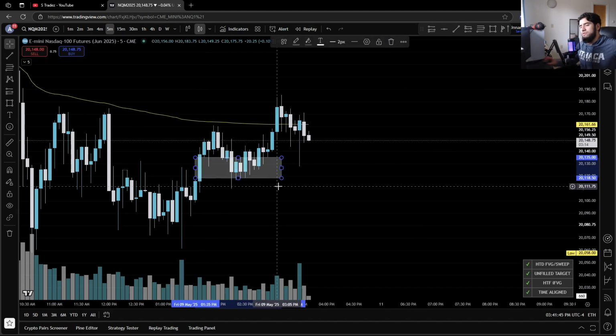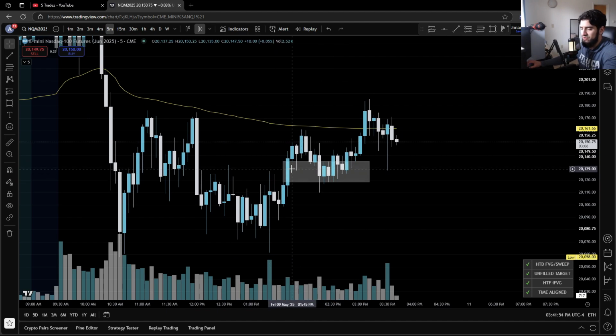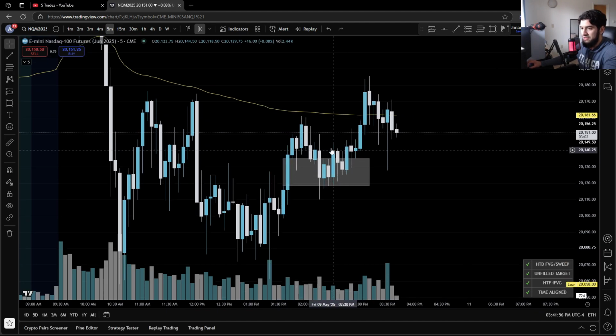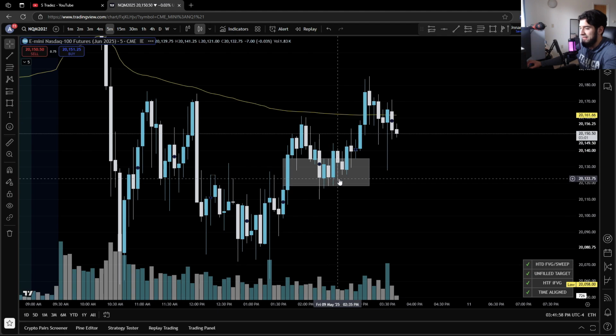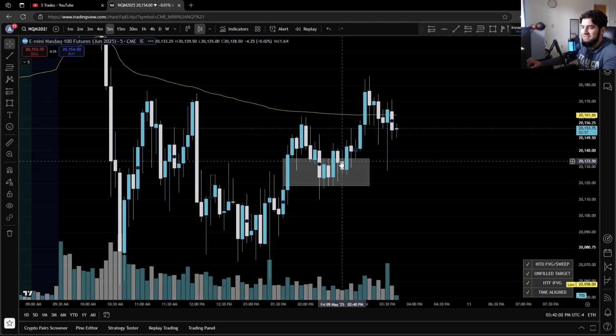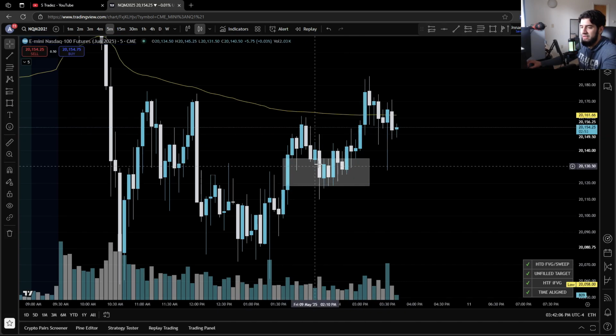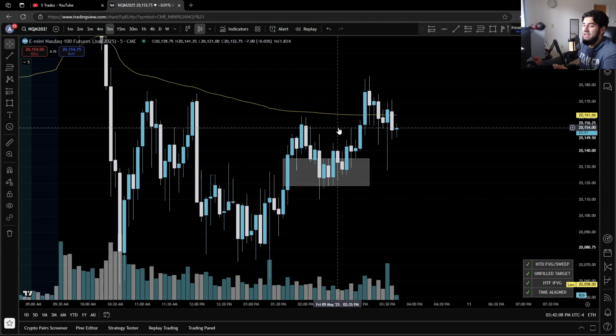Another characteristic of these inversions that I want to share with you guys is how long it actually takes to invert those fair value gaps. For example, if you see something like this, this is the 5-minute fair value gap over here, where it takes so many candles to try to do anything. We have 1, 2, 3, 4, 5, 6, 7, 8, 9, 10, 11 candles in this 5-minute fair value gap. So you're most likely not going to see an inversion.